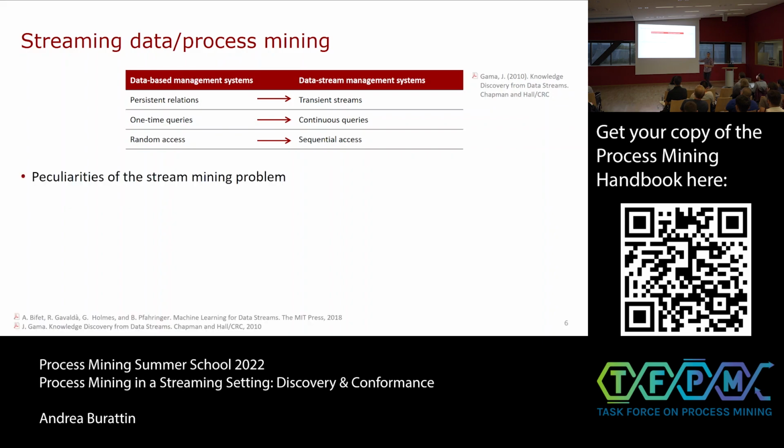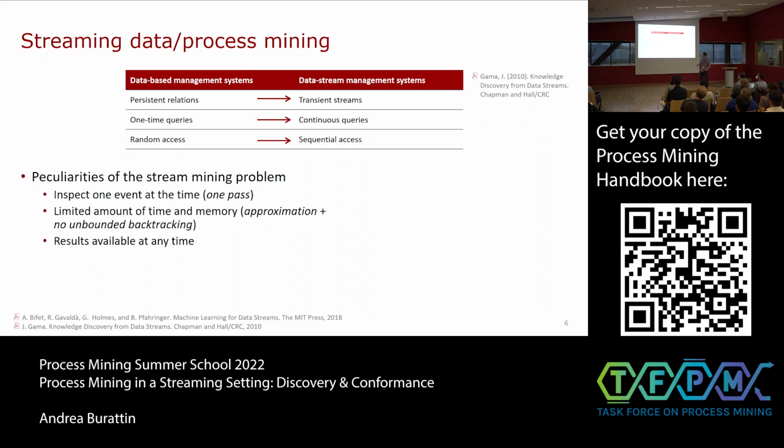And from a computer science point of view, these requirements come with a bunch of other properties that are very peculiar and very fun to work with for a computer scientist. Meaning the fact that you need to do just one pass on your data because that's your stream, and because the stream is assumed to be infinite, you cannot store it, which means that you need to have approximations in place.